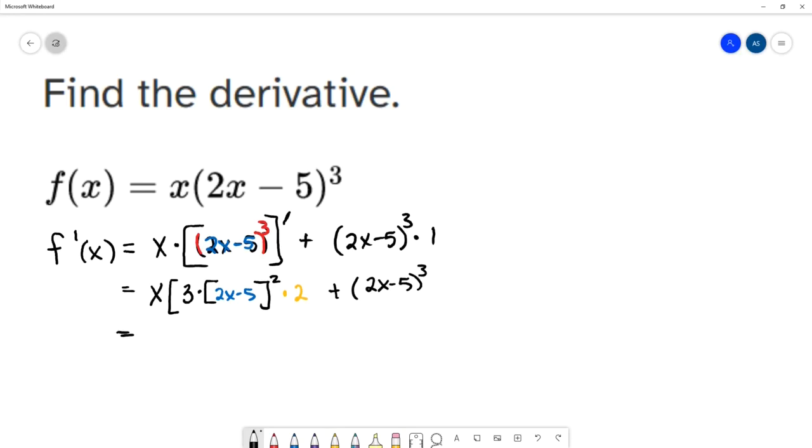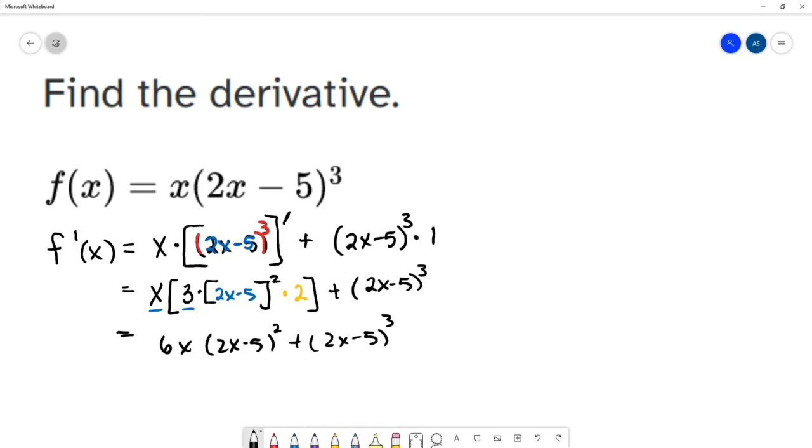And we can write this as, I can multiply the x, the 3, and the 2, so this becomes 6x times 2x minus 5 squared plus 2x minus 5 cubed.